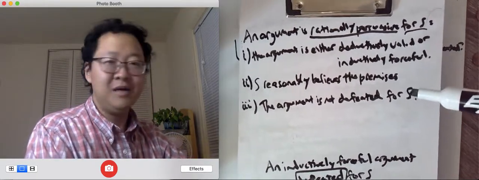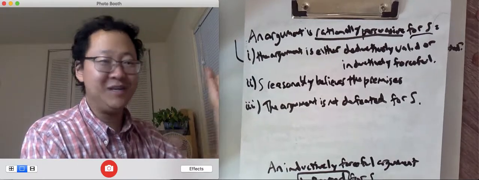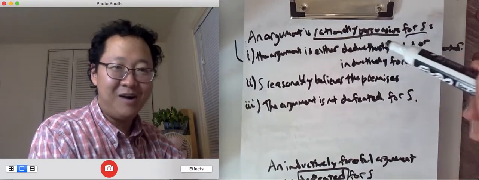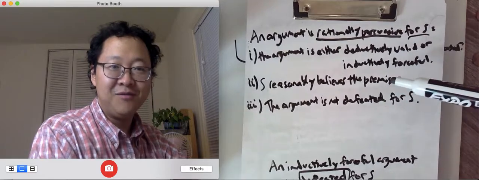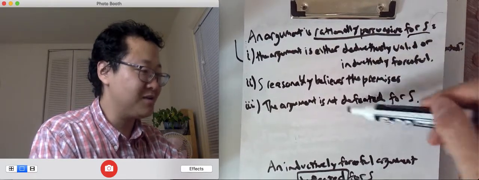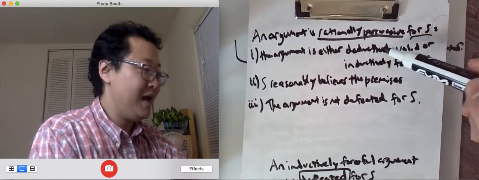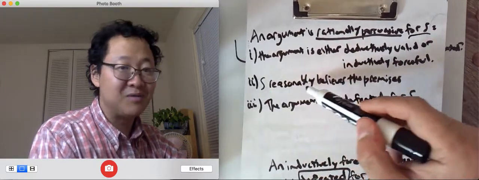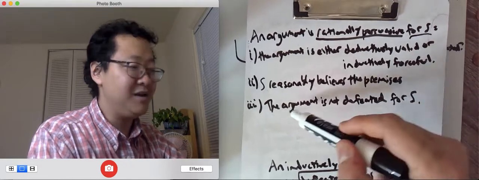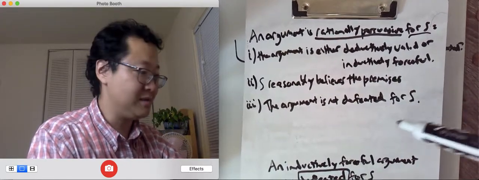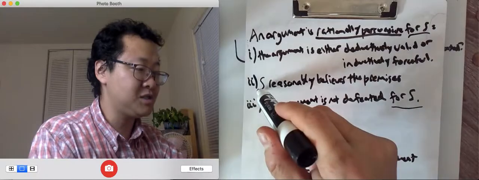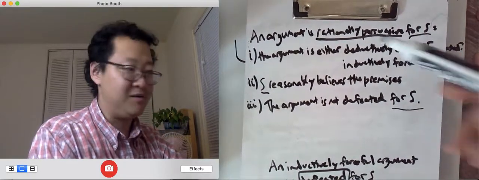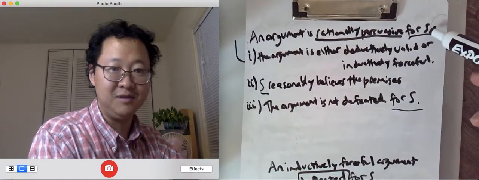So I hope this helps you see how there are these conditions for rational persuasiveness, and all 3 have to be met. It has to be either deductively valid or inductively forceful. The person has to be able to reasonably believe the premises, and the argument can't be defeated for the person. So these 2 parts make the rational persuasiveness relative to an individual.